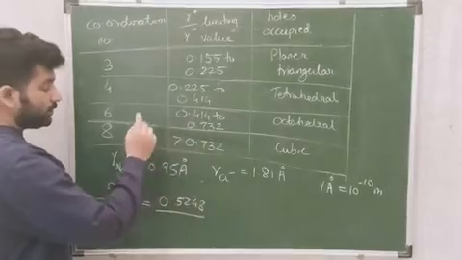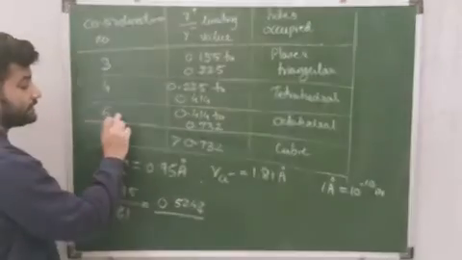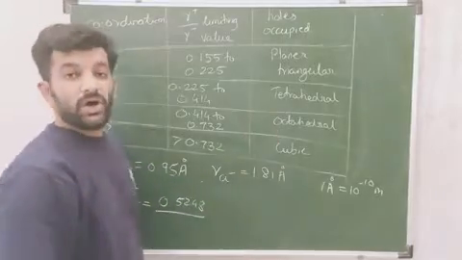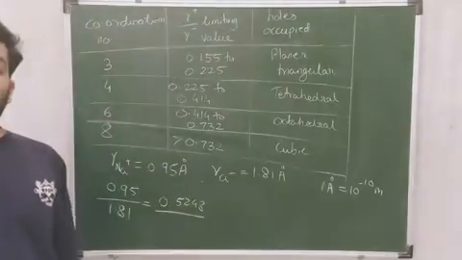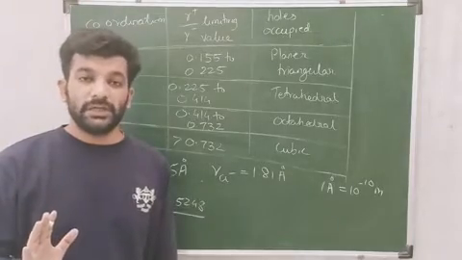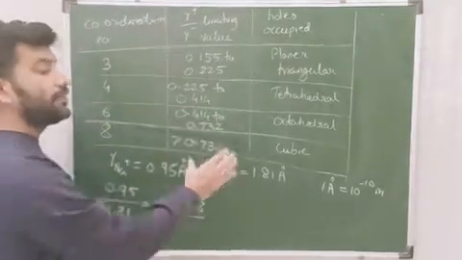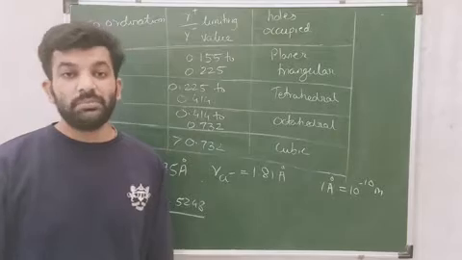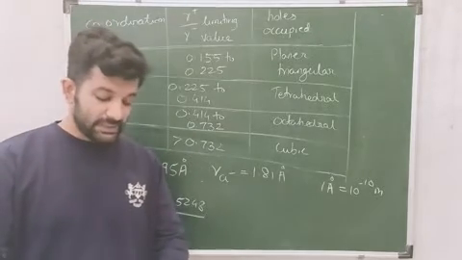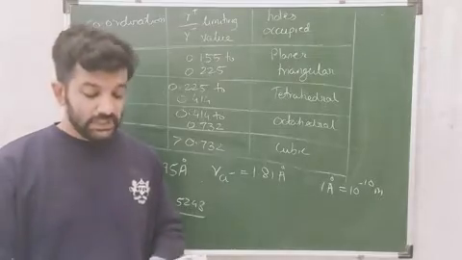That means the coordination number of NaCl is 6 and the geometry is octahedral. So in this way we can find the coordination number and geometry based on the table, which you must learn compulsorily.